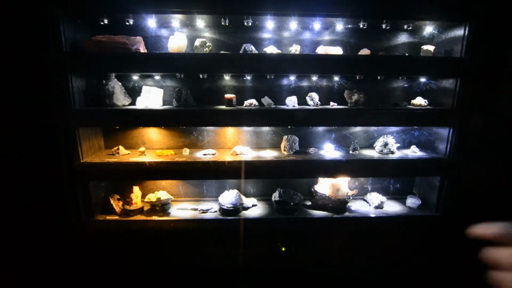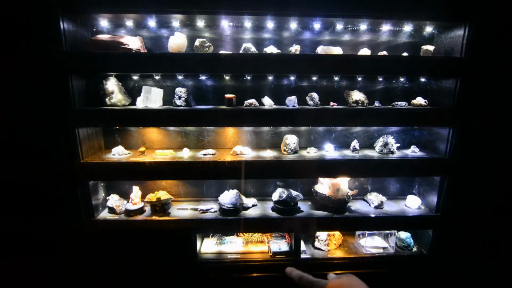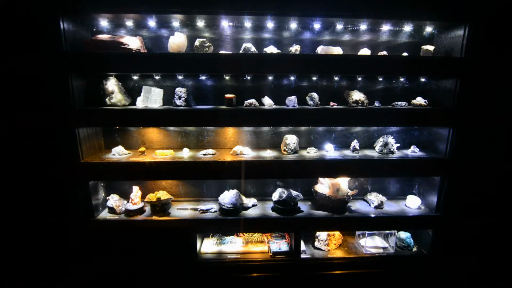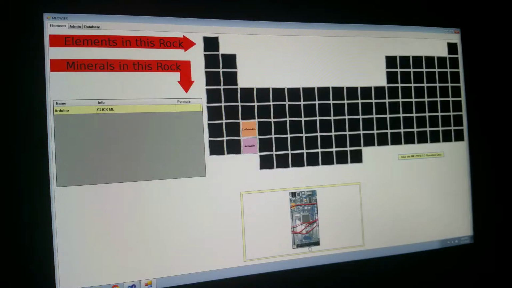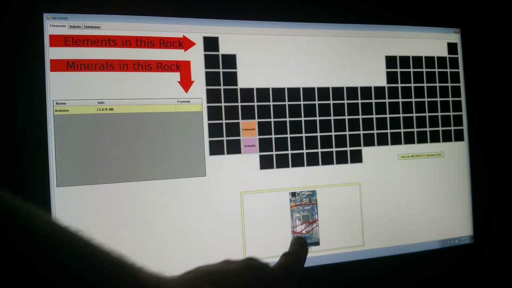I'm going to point at a couple things over here. Down here in the cabinet, this bottom cabinet, these are all modular, so I can keep expanding. The bottom cabinet contains the Arduino board, which is the interface between the computer and the cabinet. So if I go look at my monitor here, this has got the Arduino lit up.